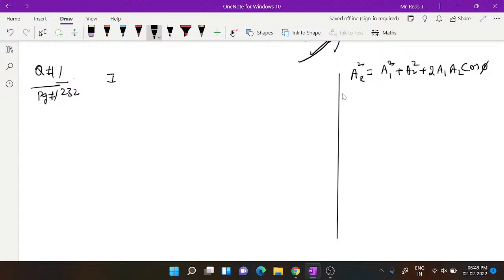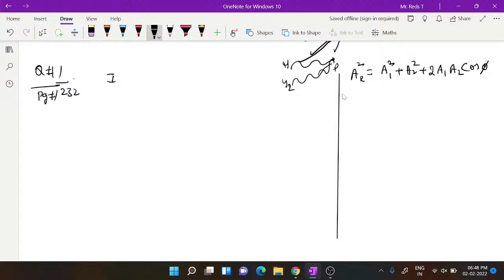When two waves are interfering at a point P, this is the first wave and this is the second wave: y1 is equal to a1 sine omega t plus phi 1, and y2 is a2 sine omega t plus phi 2. The resultant is capital A sine omega t plus phi. Phi is the phase difference between those two, phi 1 minus phi 2.